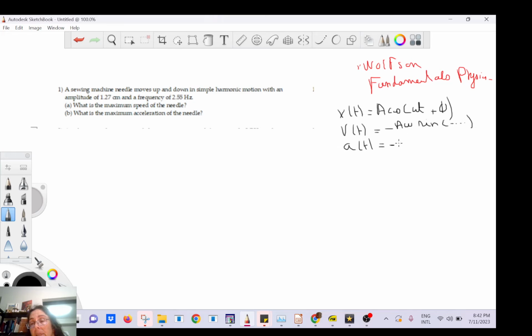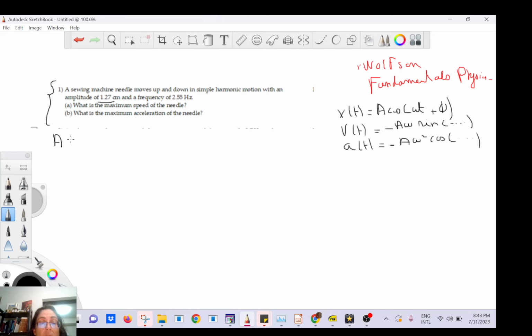For the acceleration, you still have the negative, and then you derive again. Okay, so it's interesting because we are not talking about a spring, but a machine that will behave like a simple harmonic oscillator. So let's see what they give you.